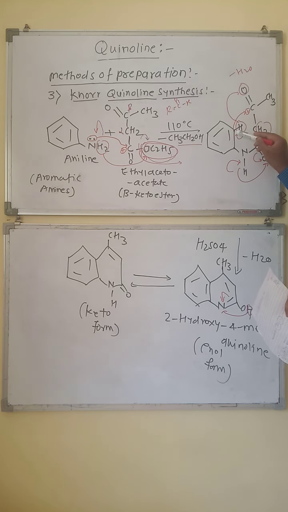So this carbon is electron rich. Now after the removal of this oxygen, this carbon is electron deficient. So this negatively charged, electron rich ring carbon attacks the electron deficient carbonyl carbon, and the condensation and ring closure reaction takes place. So here the ring closure reaction takes place like this.